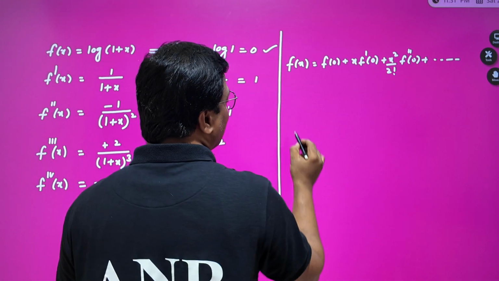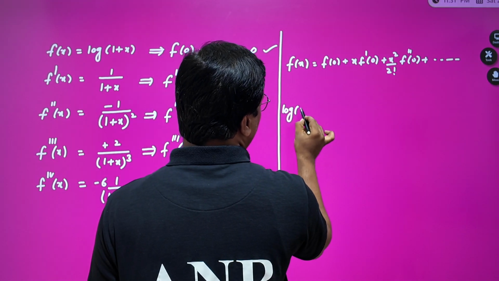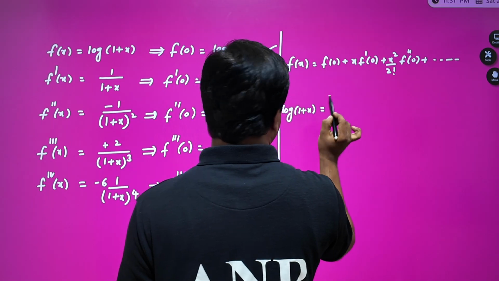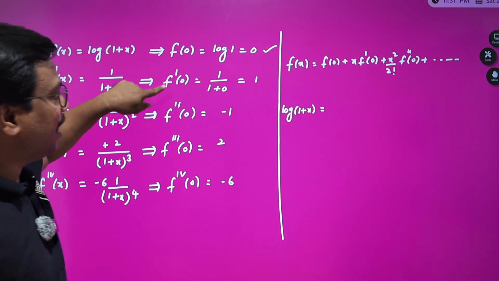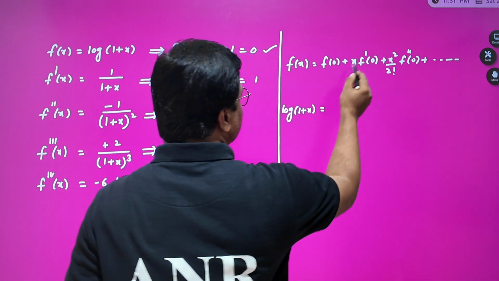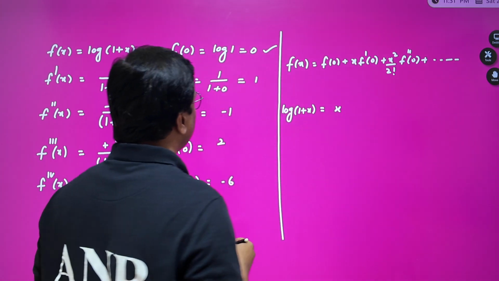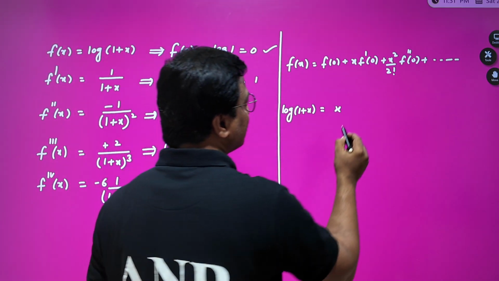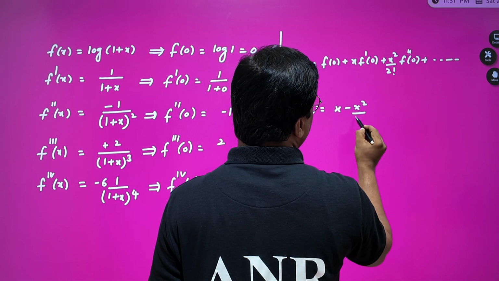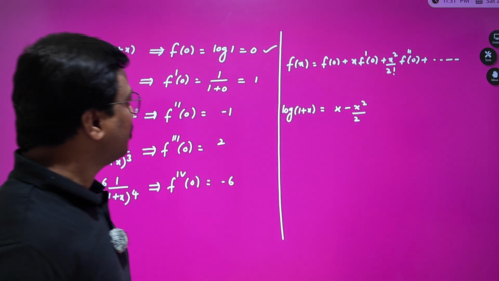So now you can write the expansion of log of 1 plus x, that is first term 0. Next x into 1, that is x. Next minus x square by 2 factorial, value 2.